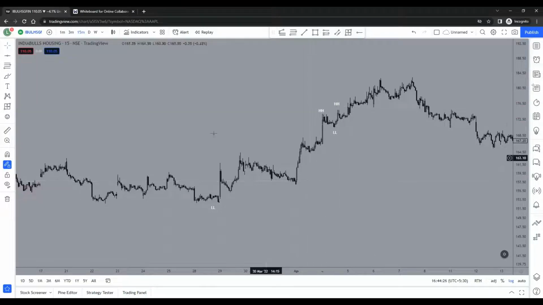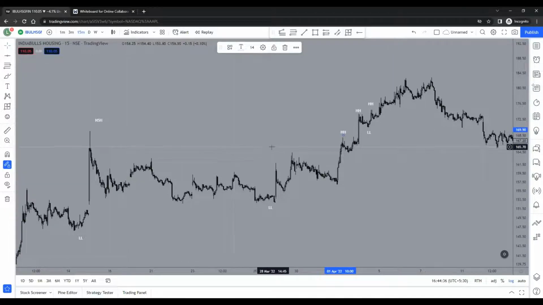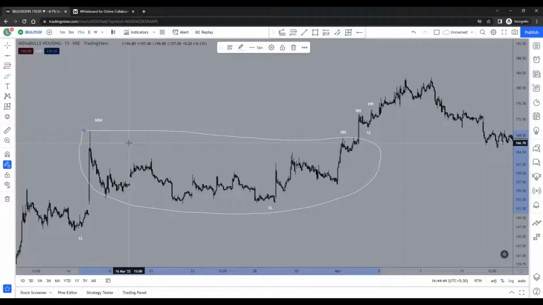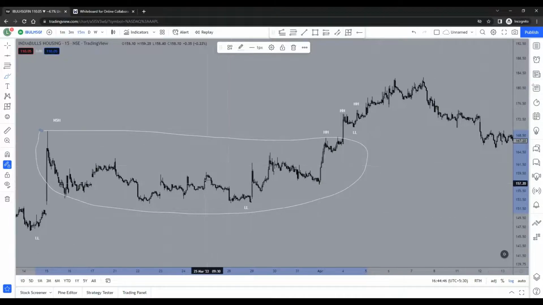So this is okay. If you can see, this can also be marked as a higher high. Inside of this entire process, this entire swing, if we want, we can label the smaller swings as well.